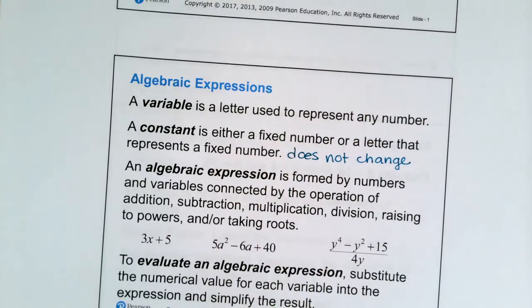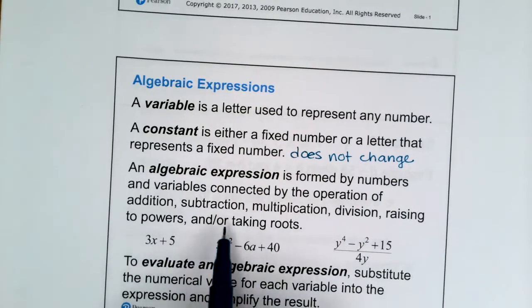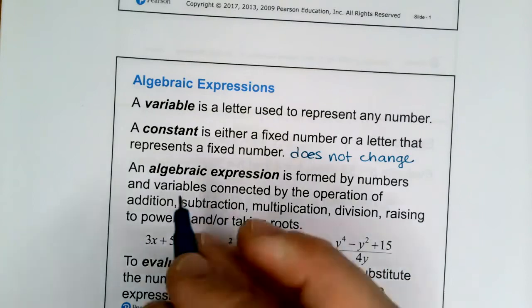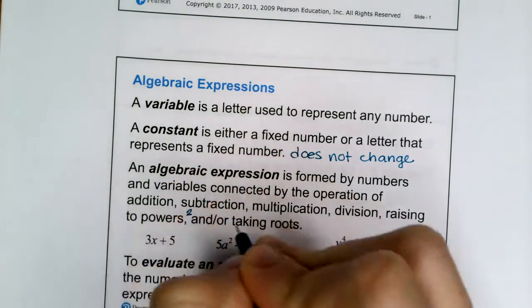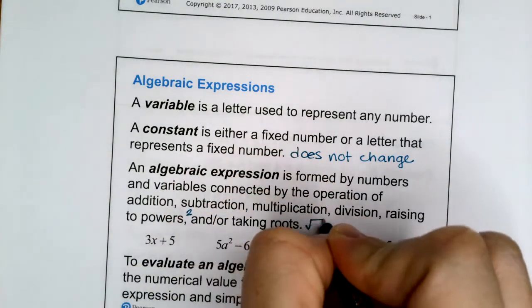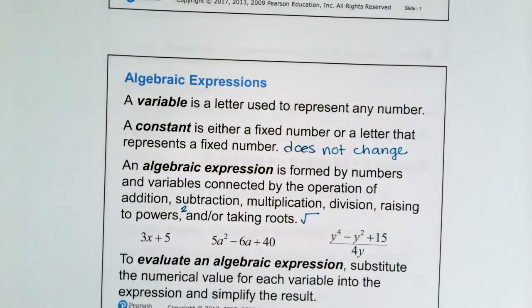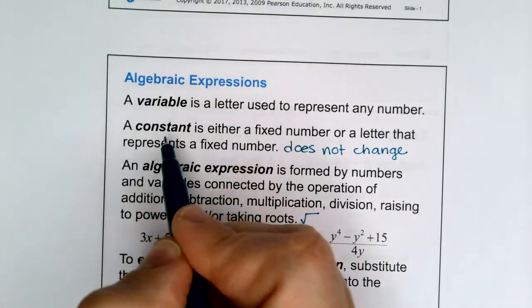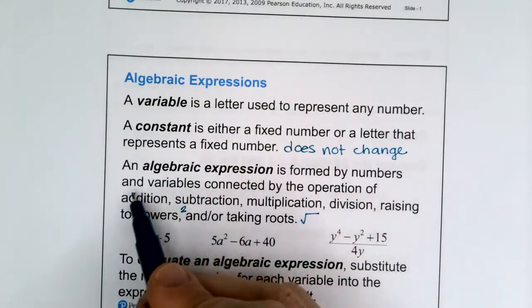An algebraic expression is formed by numbers and variables connected by the operations of addition, subtraction, multiplication, division. Those are the common ones, right? Or raising to powers, which looks like this, or taking roots, which looks like this. So an algebraic expression is made up of variables, constants, and operations is what we call all of these.